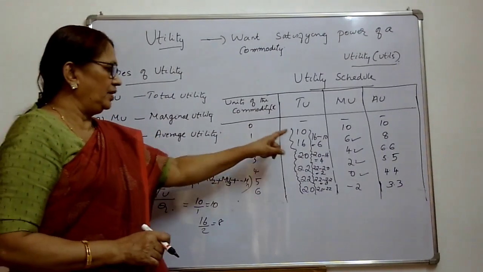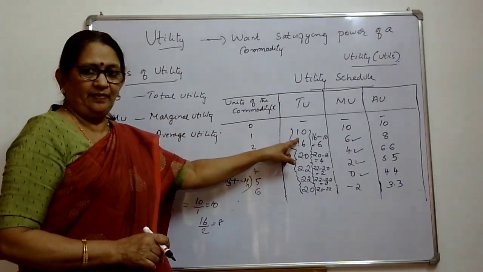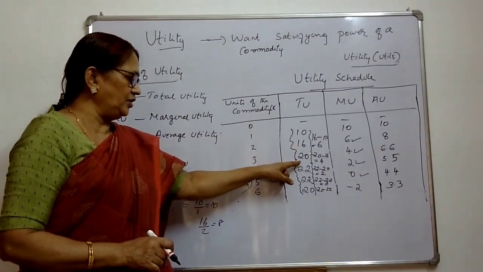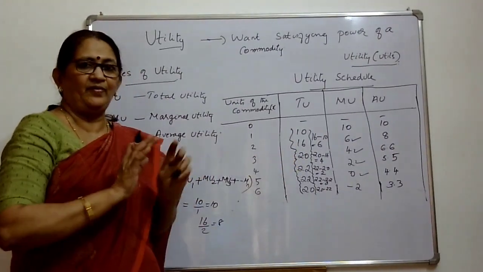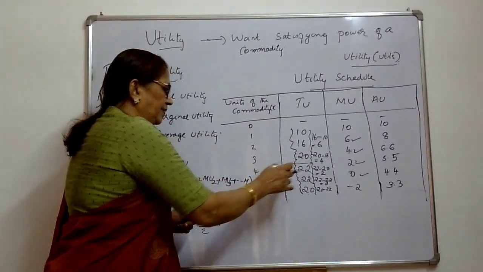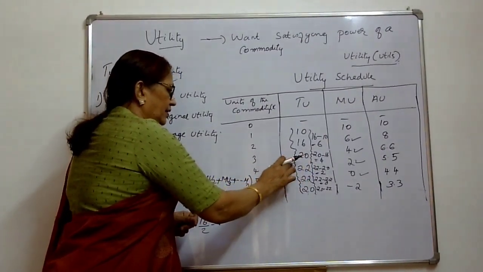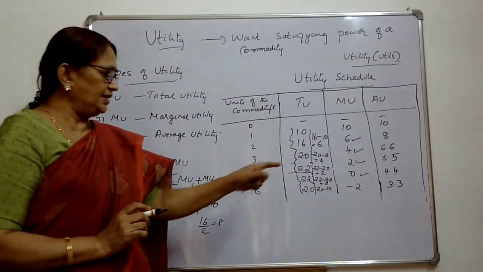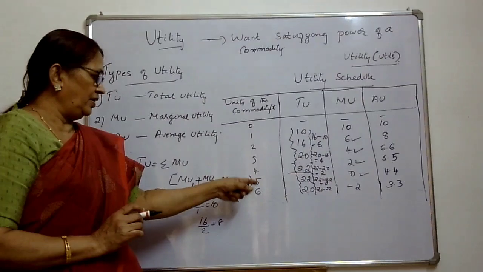Okay, so total utility first rises, 10 to 16, 16 to 20, 20 to 22. That is our first stage. Then second stage, what happens? It remains constant. Is there any change at the 5th unit?